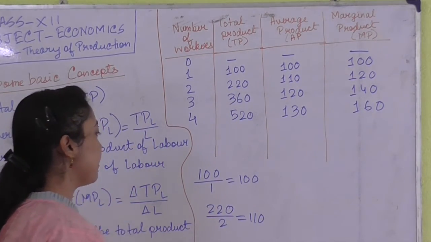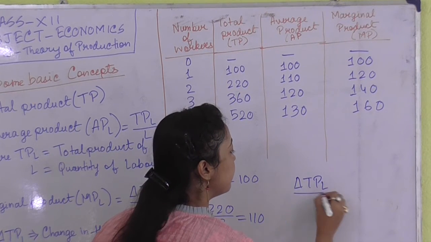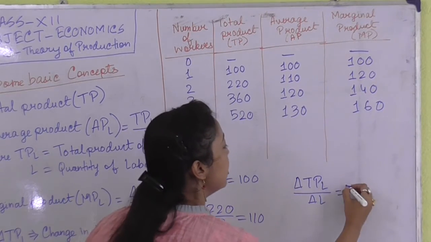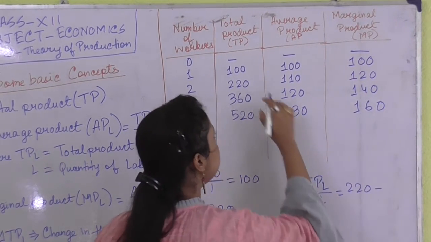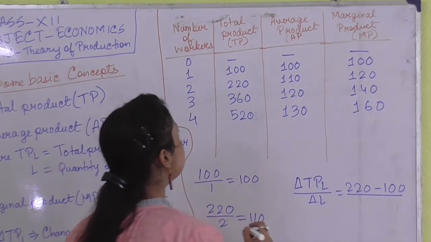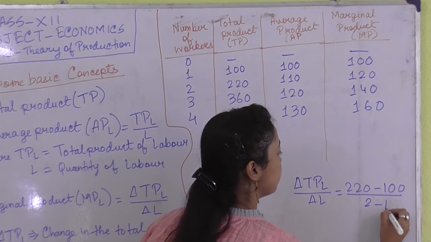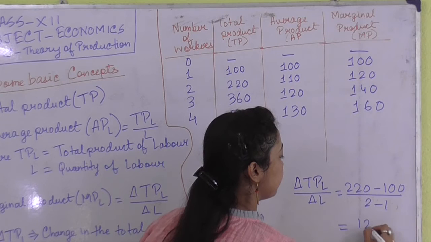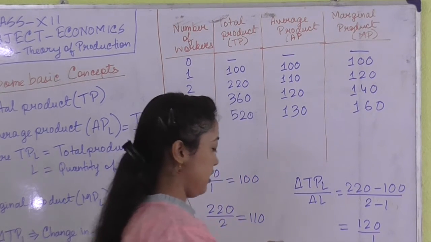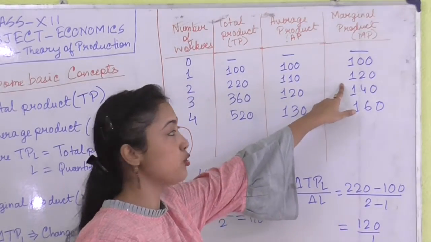Marginal product refers to change in total product divided by change in labor. So, the change in total product is 220 minus 100, divided by the change in labor, that is 2 minus 1. In this way, we get 120 as our marginal product. I think it is clear to you.